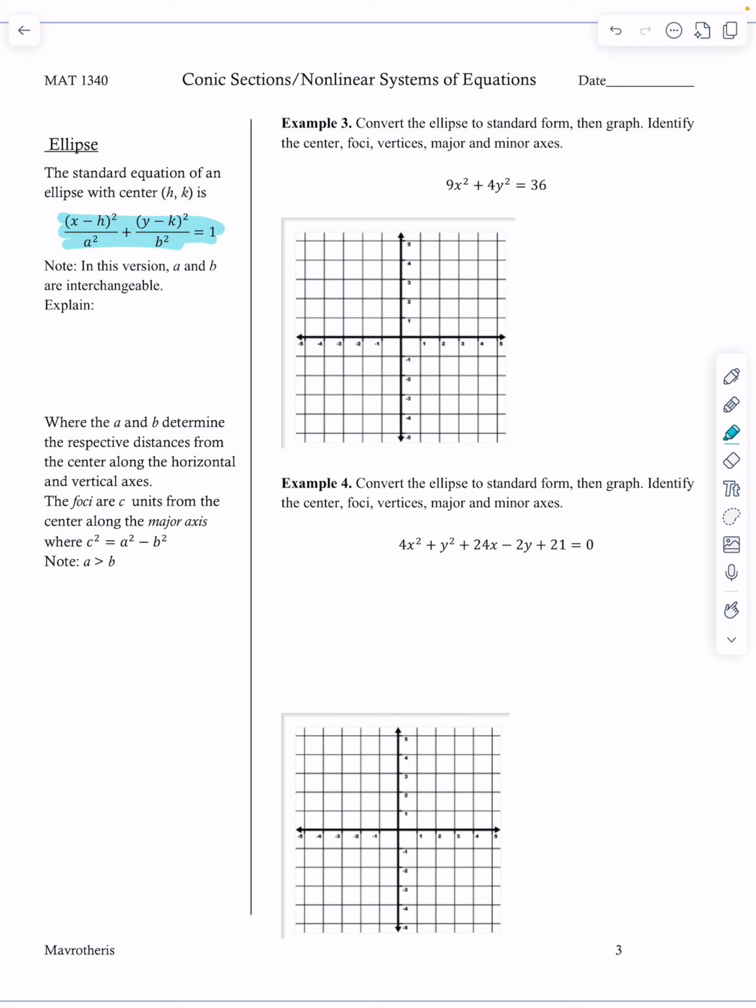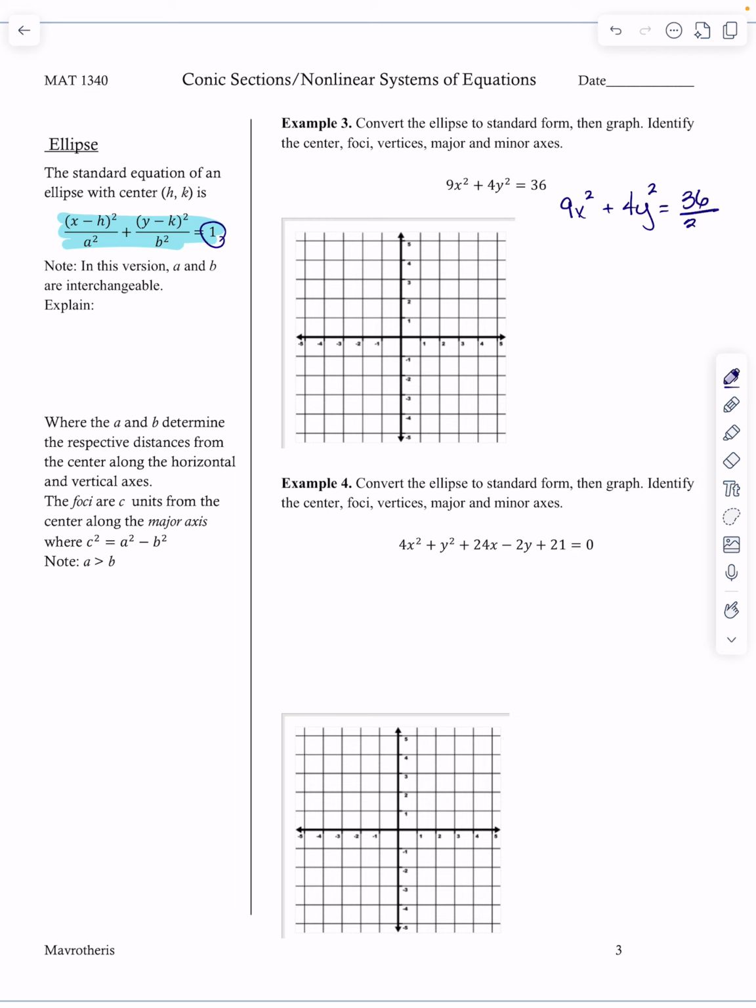Okay? So let's take a look at example 3 and how we're going to set this up so it looks like that standard form. First off, notice it's not x minus anything or y minus anything. This is going to be centered at the origin at 0, 0. But this is equal to 36, and our equation says it's supposed to be equal to 1.